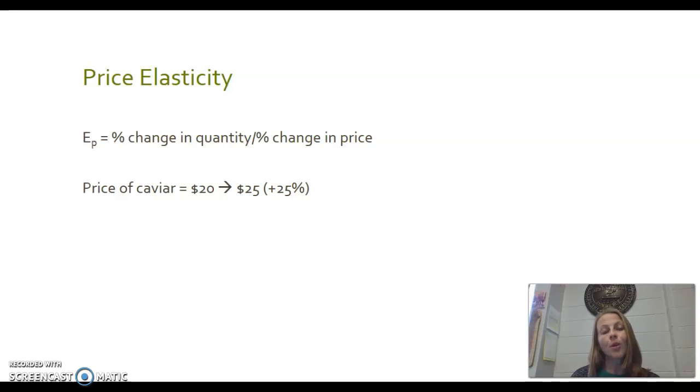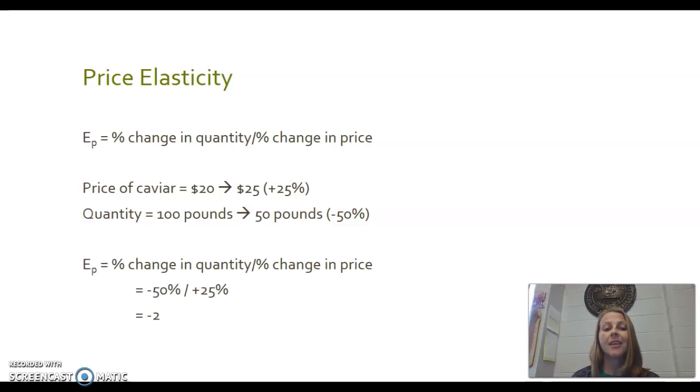So if we raise the price of caviar by 25%, and we see that the quantity sold decreases from 100 to 50, that's a decrease of 50%. How we figure out the price elasticity is we divide the negative 50% change in quantity by the positive 25% change in price, and we get a price elasticity of negative 2.